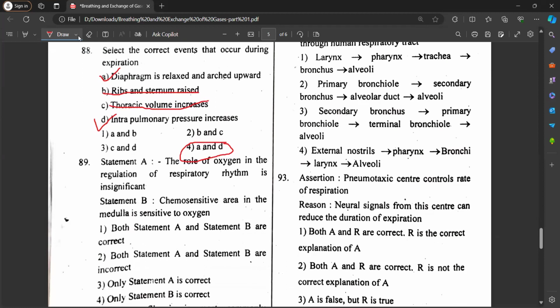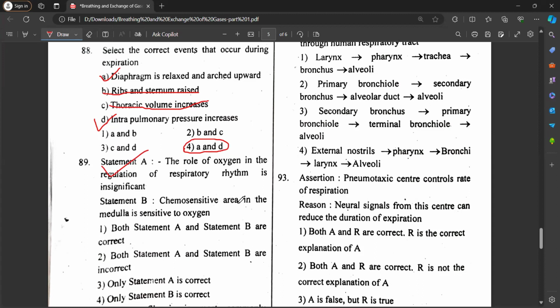Right. The role of oxygen. Next one, statement A. The role of oxygen in the regulation of respiratory rhythm is insignificant. Yes, of course, the statement is correct.